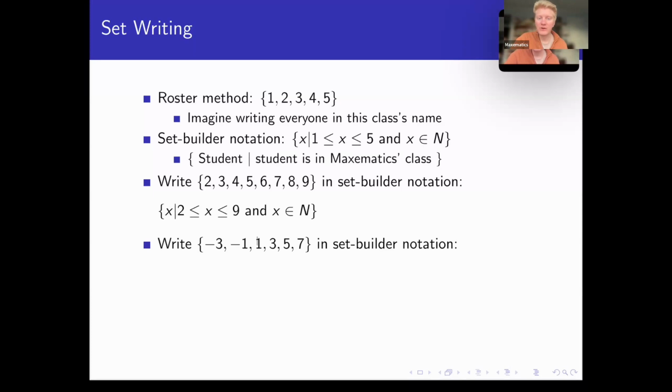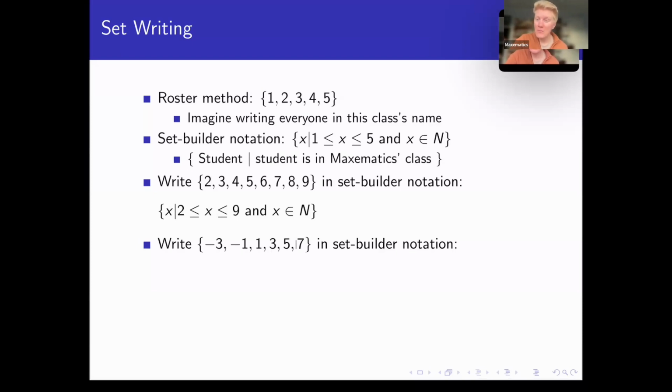Okay, let's write the set -3, -1, 1, 3, 5, 7 in set builder notation. Well, we have to be a little careful here because we notice that all of these numbers are in between -3 and 7, but they're not all of the numbers in between -3 and 7. Here we had all natural numbers, but now we have negative numbers. So all of these numbers are going to be integers.